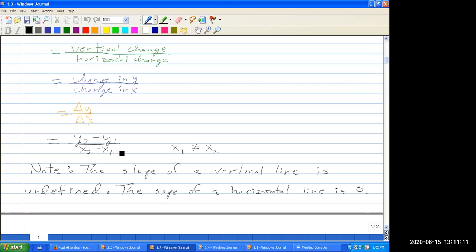Note, the slope of a vertical line is undefined. The slope of a horizontal line is 0. Sometimes, in some classes, we define the slope of a vertical line to be positive infinity.